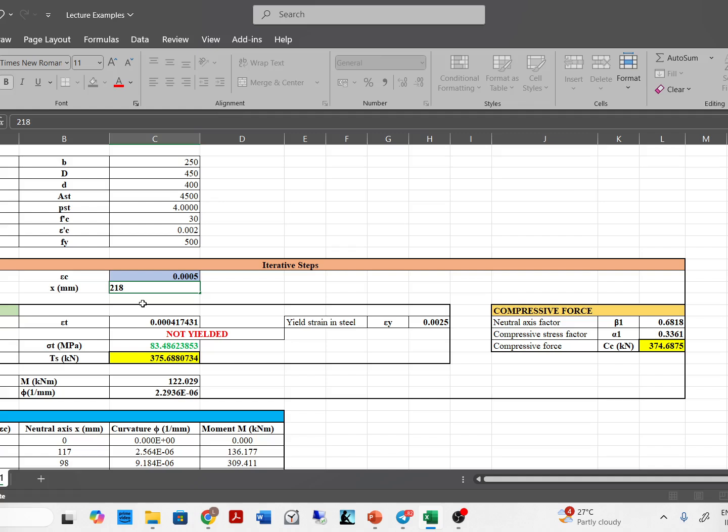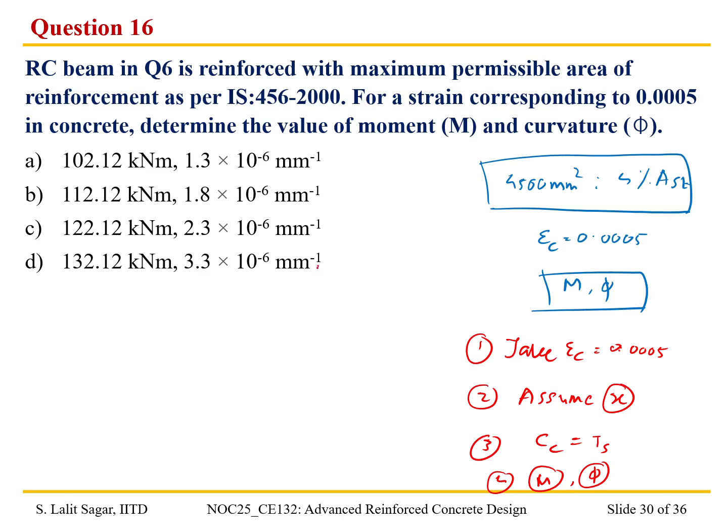So for x equal to 218.2 millimeter, we are able to balance the compressive force and the tensile force, that is 375 kilonewton. Correspondingly, we get Cc equal to Ts equal to 375 kilonewton.